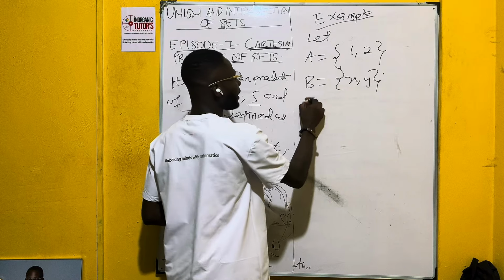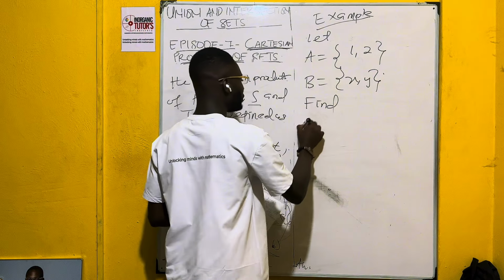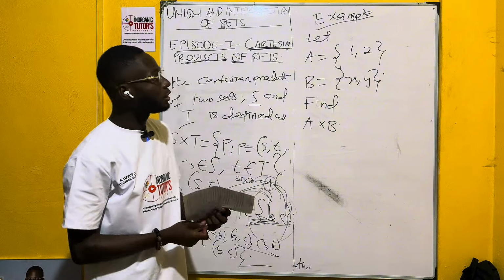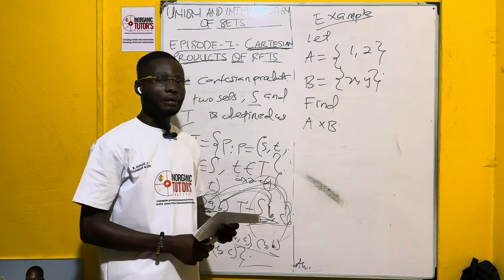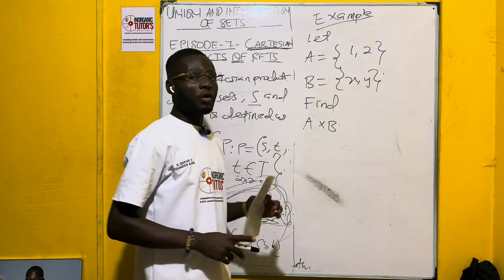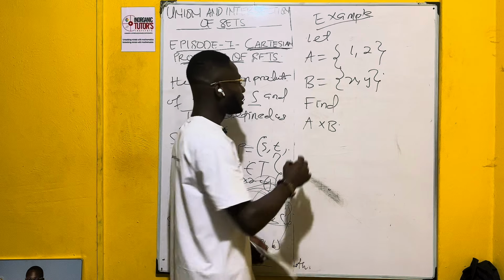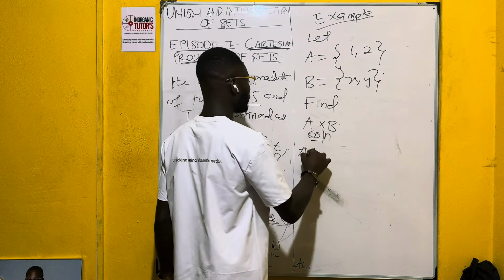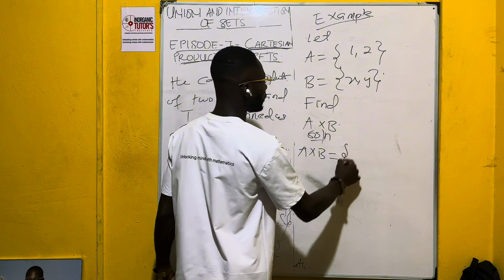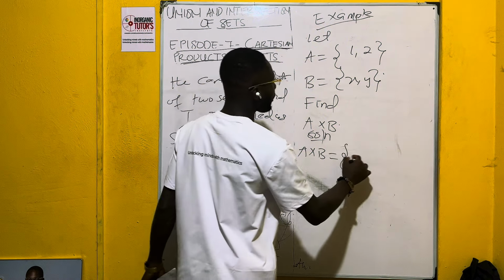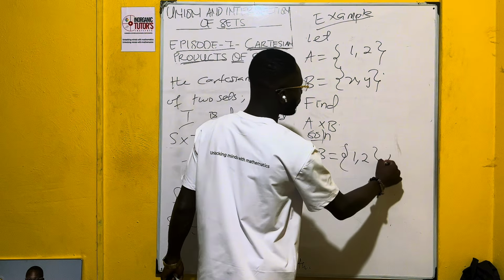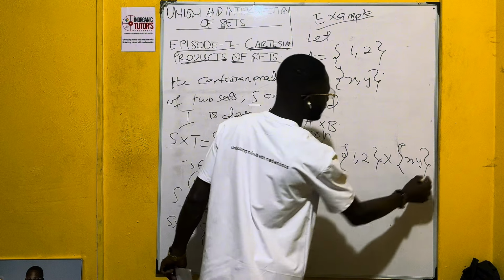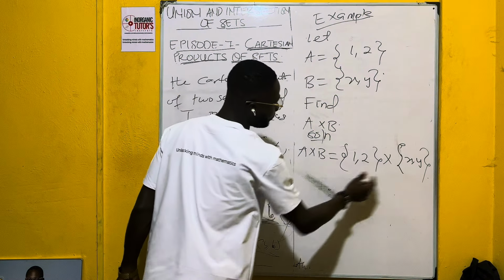We want to find A cross B. For simplicity, the solution A cross B is equal to {1, 2} cross {X, Y}. So this is what we are going to pair.